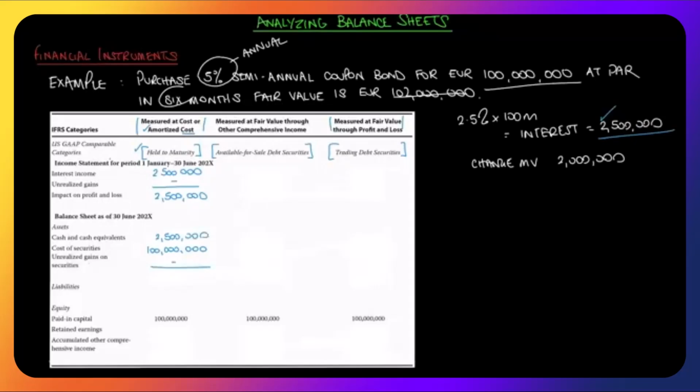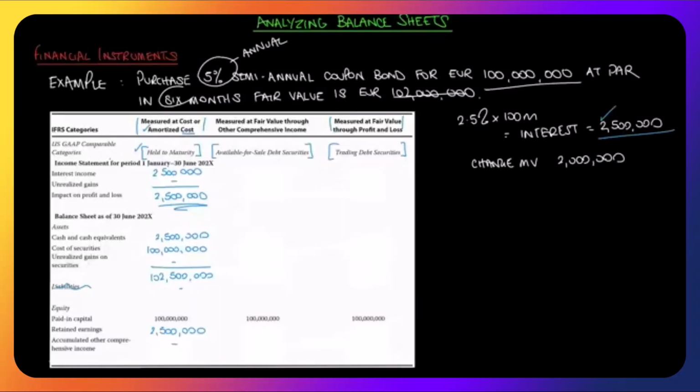So impact on the balance sheet, 102,500. Nothing in liabilities, so we don't really need that heading. Equity: paid in capital, 100 million. Retained earnings from our net income, 2.5 million. OCI, no. And that's it.